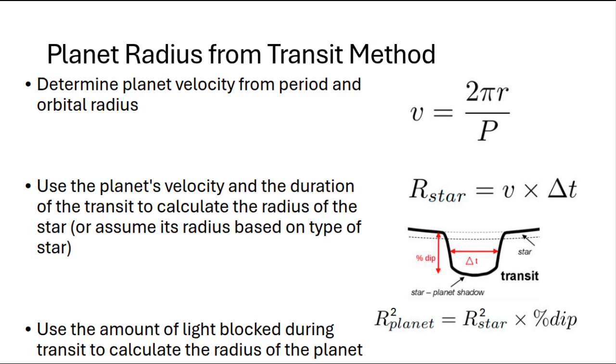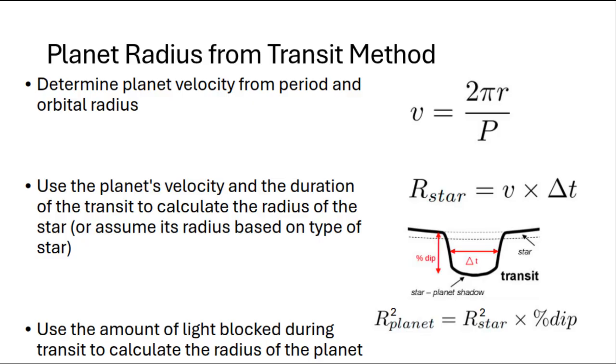So if you have the velocity of the planet and you measure the time of the dip, then you can calculate the radius of the star. So this is not too dissimilar from the technique that the ancient Greeks used to calculate the distance from the Earth to the Moon using the lunar eclipse.